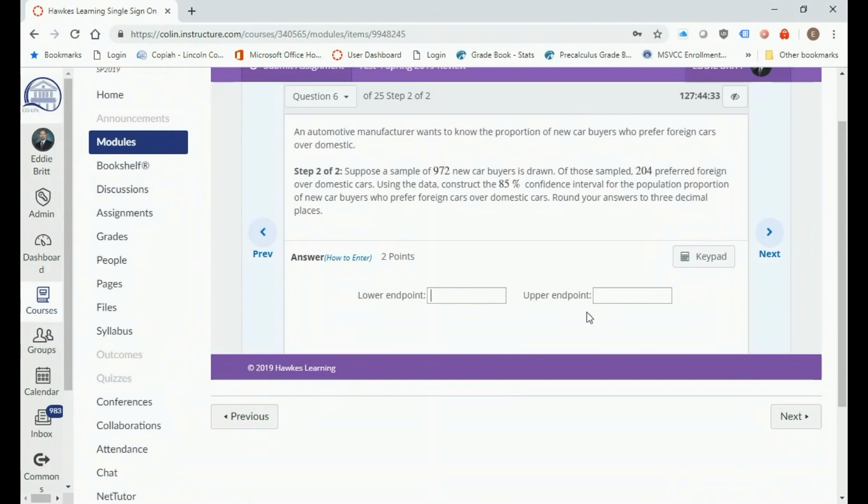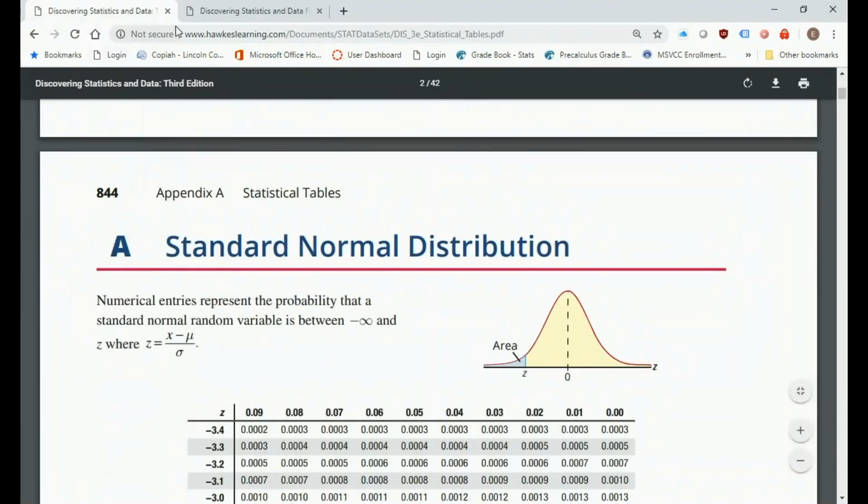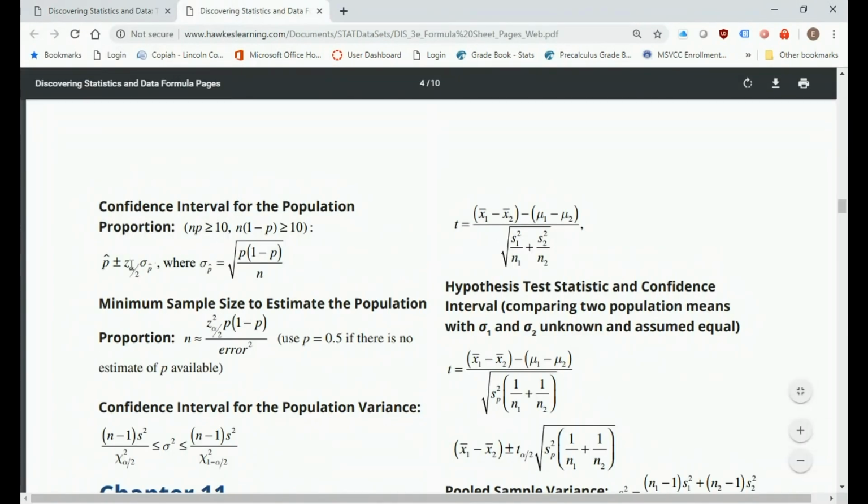Step 2 is to create this confidence interval. I've got a couple of things that we're going to have to figure out, so we've got to use a couple formulas here. Here it is right here, confidence interval for population proportion.